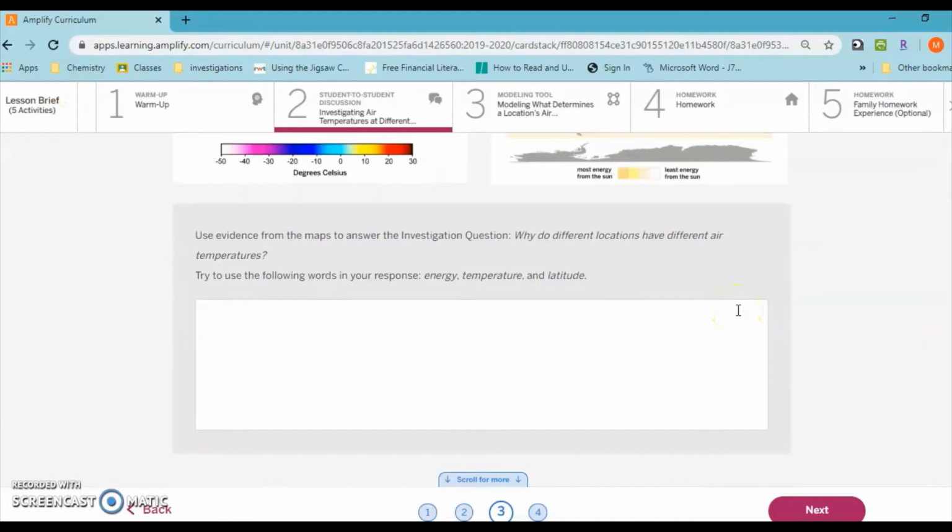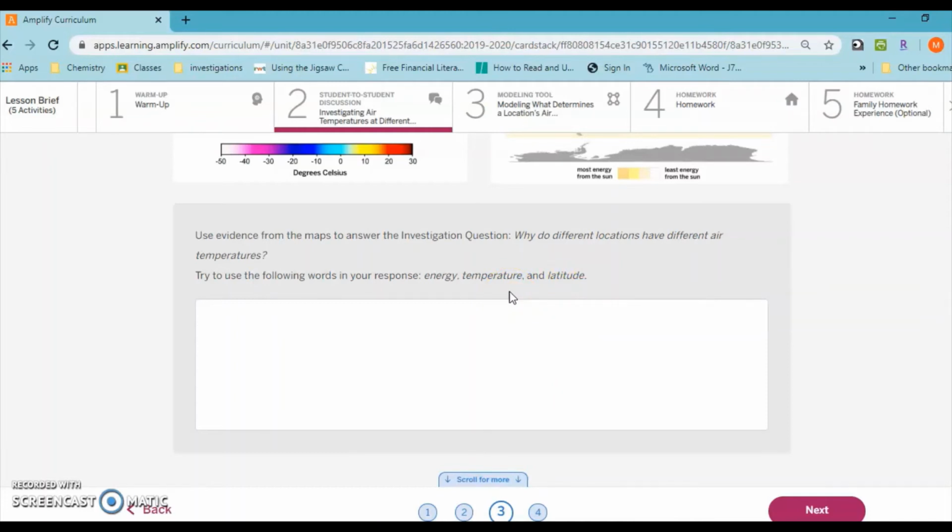Based on what we saw and what was discussed earlier in the video, you should be able to answer the question, why do different locations have different air temperatures? I want to make sure that in your response you're using the following words: energy, temperature, and latitude. Here's a hint.